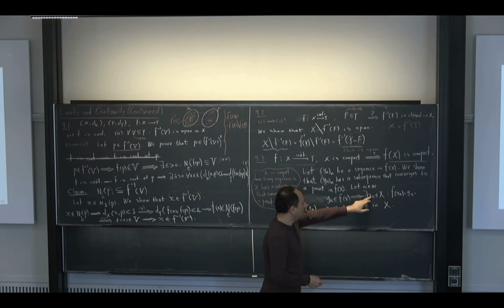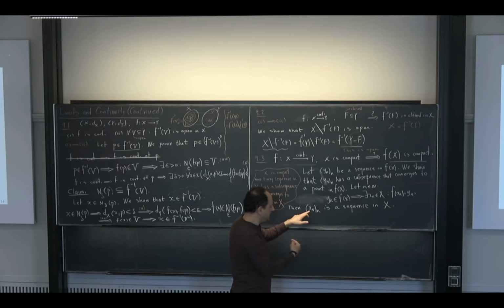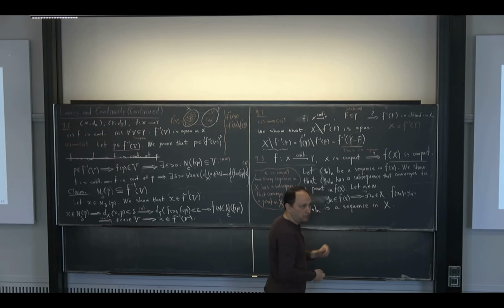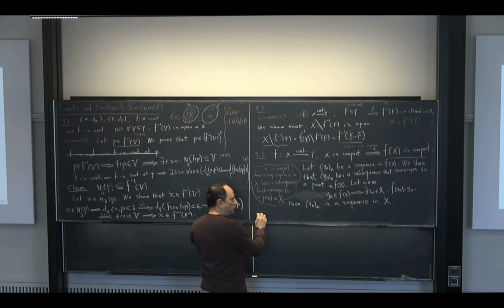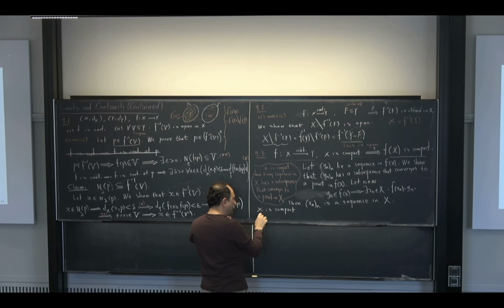So it means that I am constructing a new sequence, but this new sequence lives in x. Okay? So now tell me, how can I prove it? Okay? So x is compact. Xn is a sequence in x.